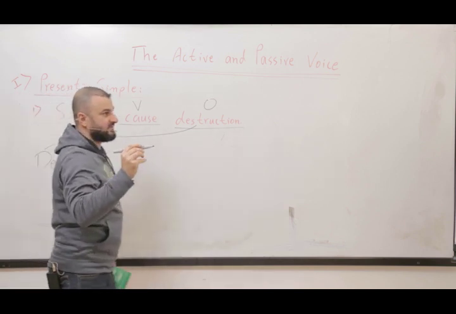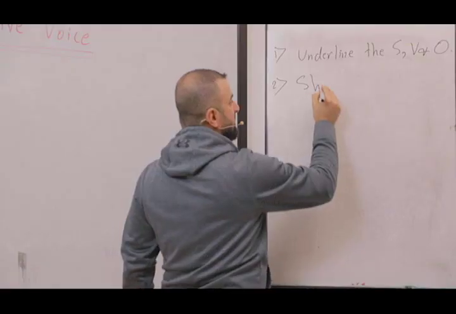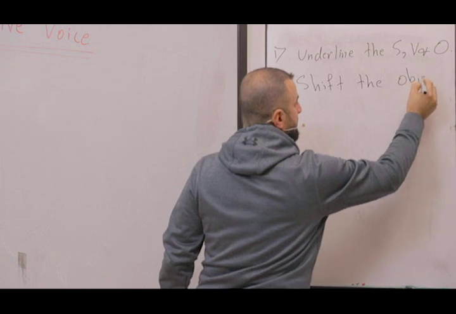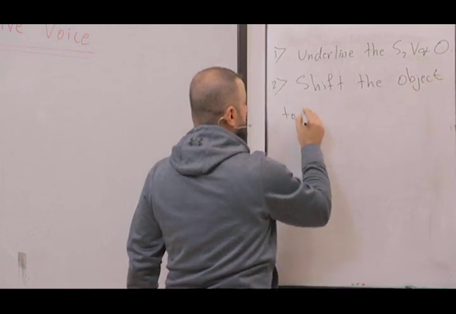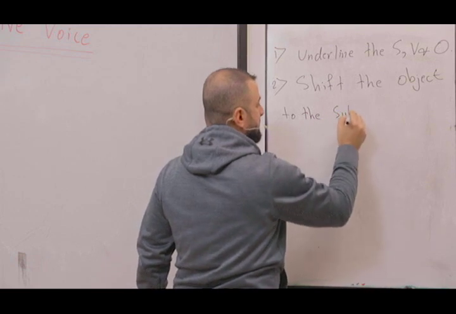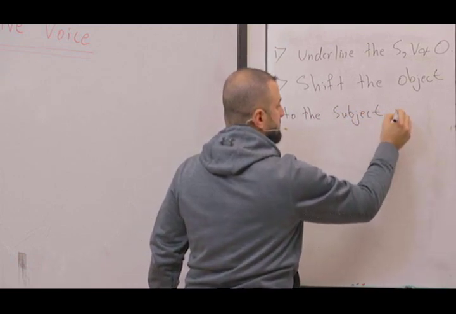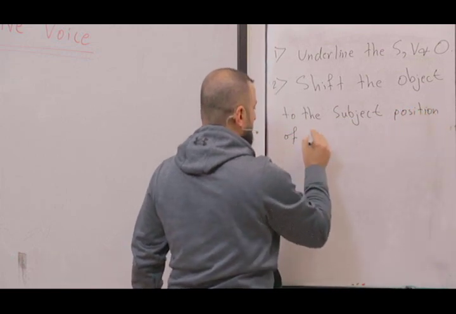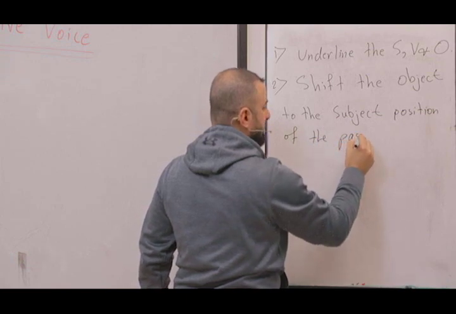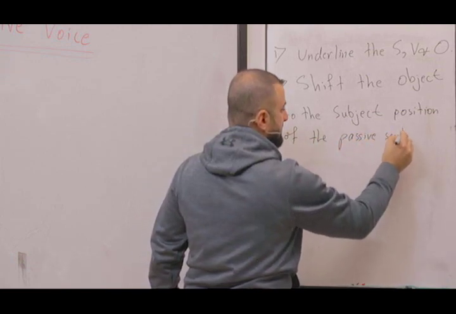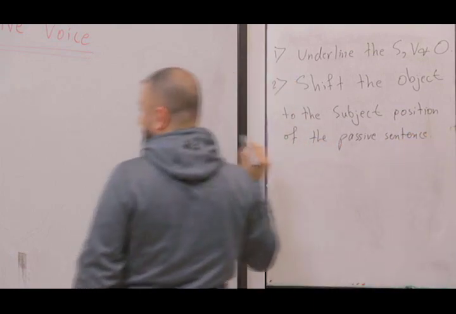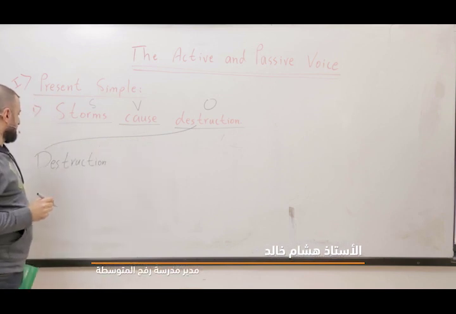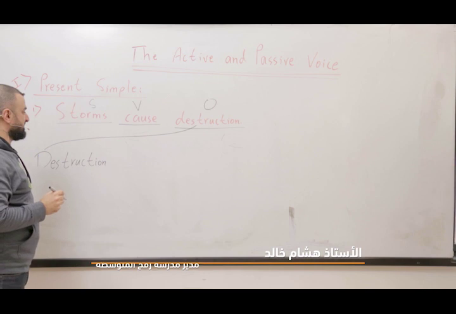So the second step is shift the object to the subject position of the passive sentence. So we make a shift for destruction to the subject position of the passive sentence.